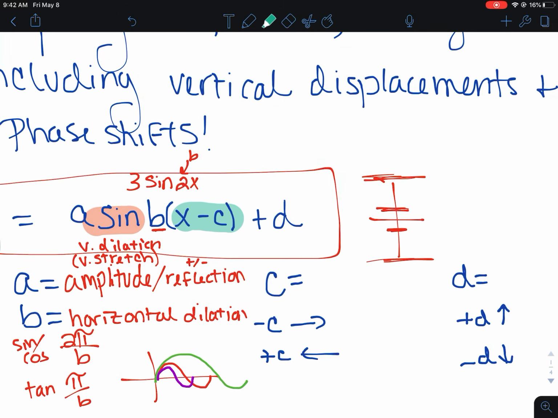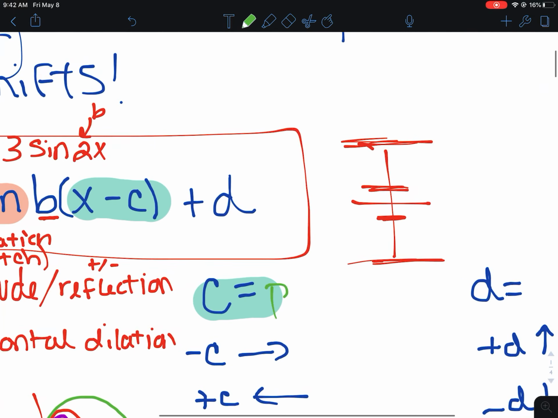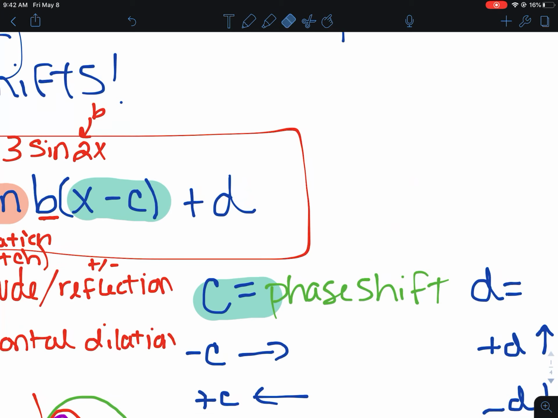Today, what we're going to do is talk about the inner parts, this x minus c. All right, c is what we call the phase shift, which is really just the horizontal shift.